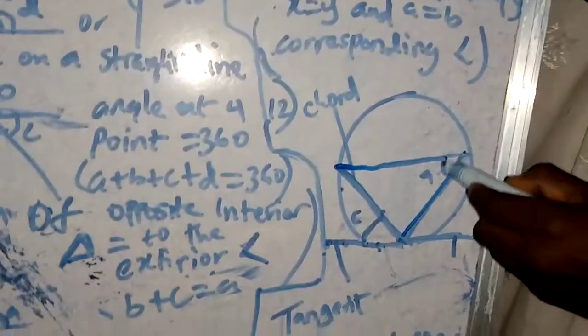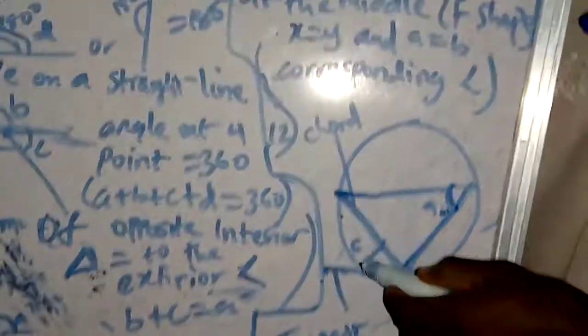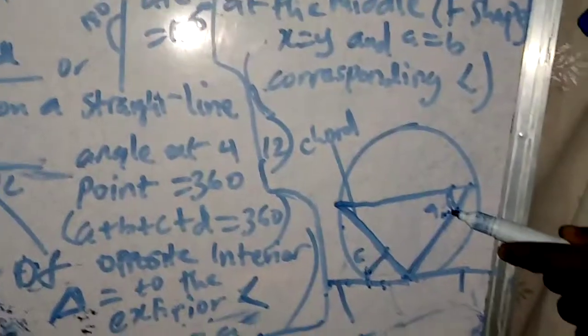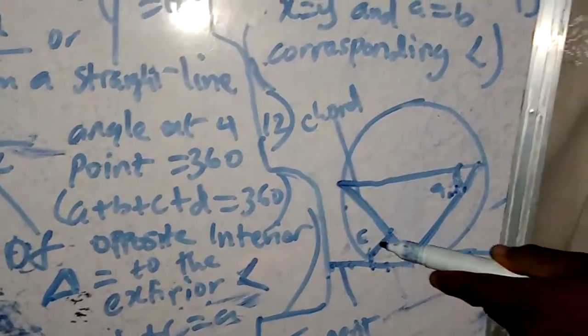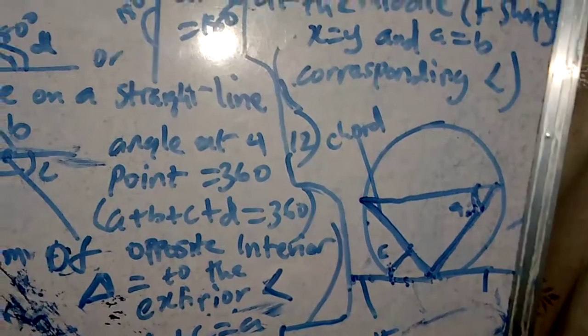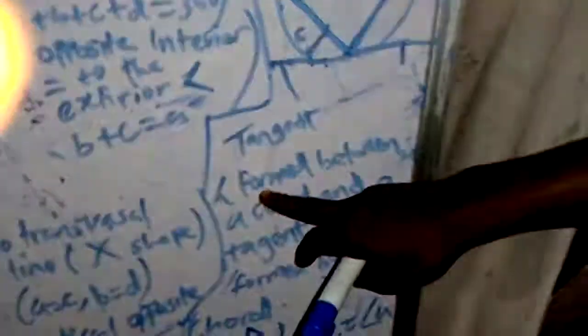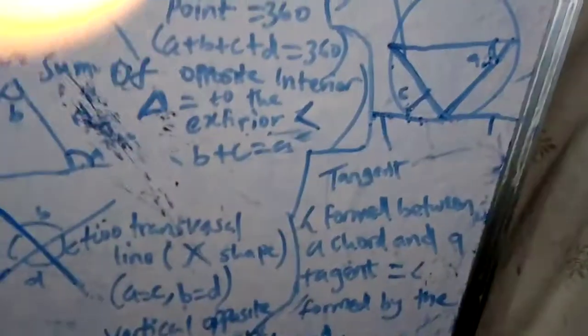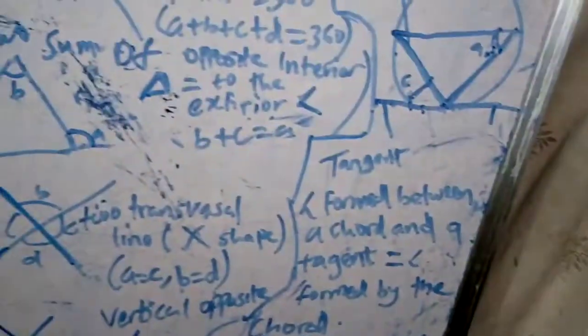This is the tangent, this is the chord, and this is angle A formed by the chord. So C equals A, because the angle formed between the tangent and the chord equals the angle formed by the chord. So that is the reason.